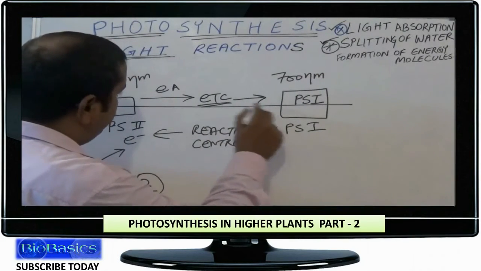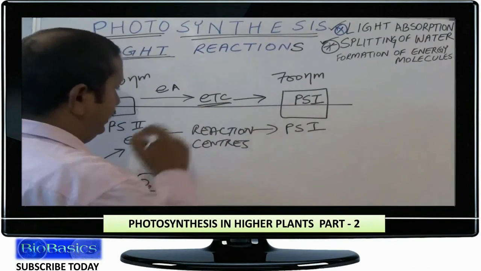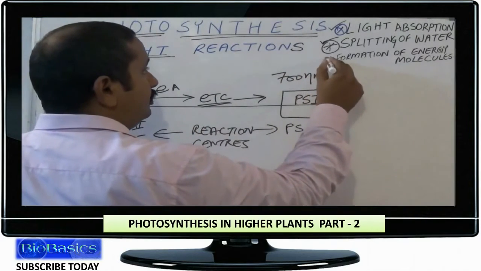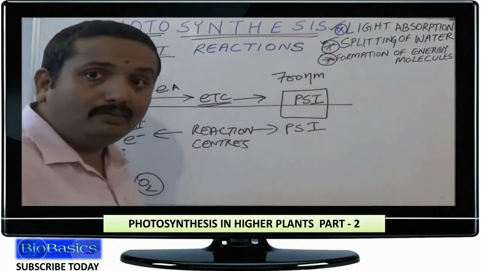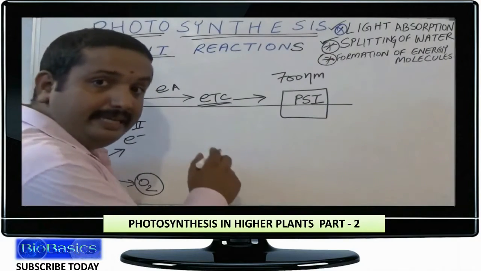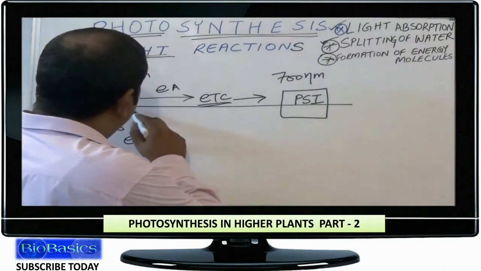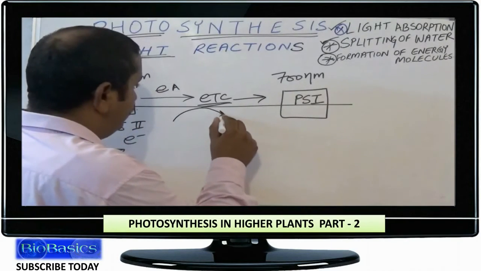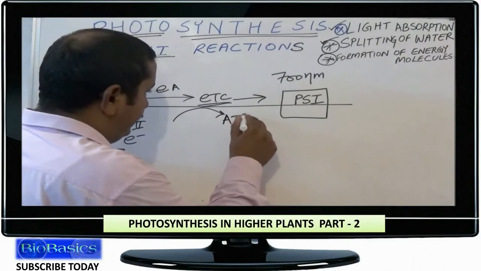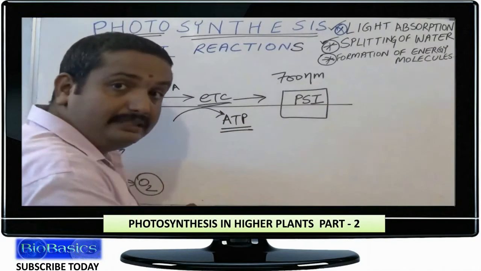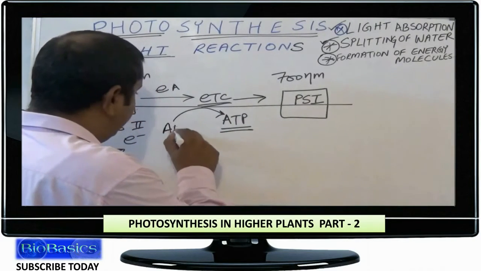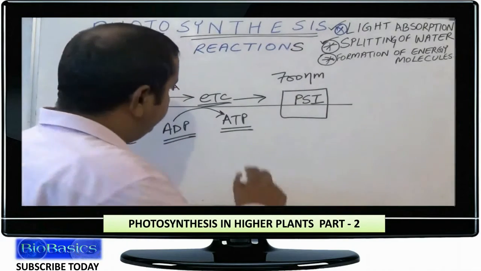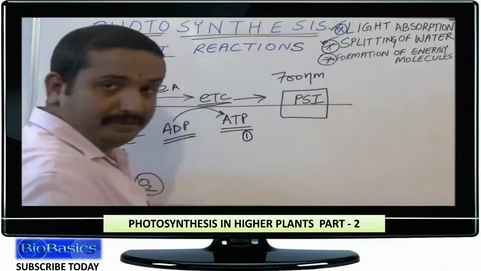During the course of the movement of the electron from here to here, you have the formation of energy molecules. During the movement of the electron from PS2 to PS1, you have the formation of ATP, which is an energy molecule. It is formed from ADP. Okay? This is an important energy molecule.